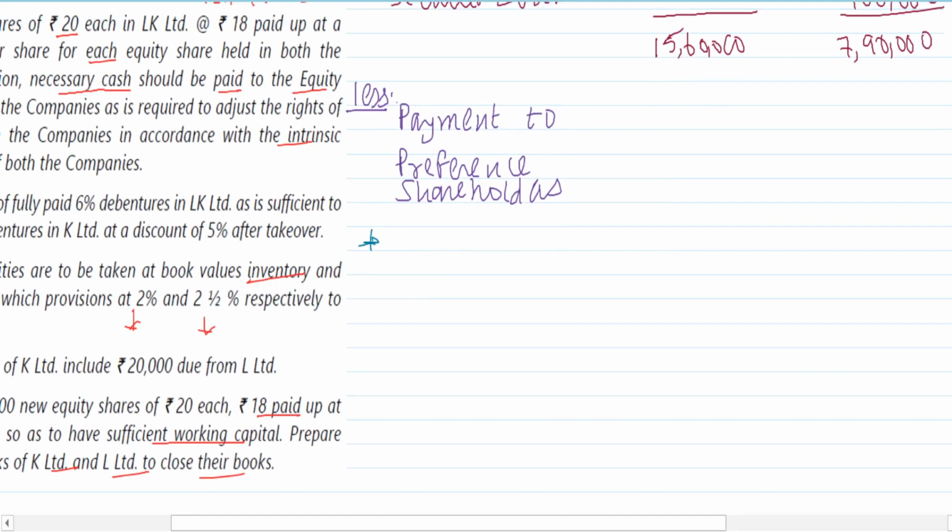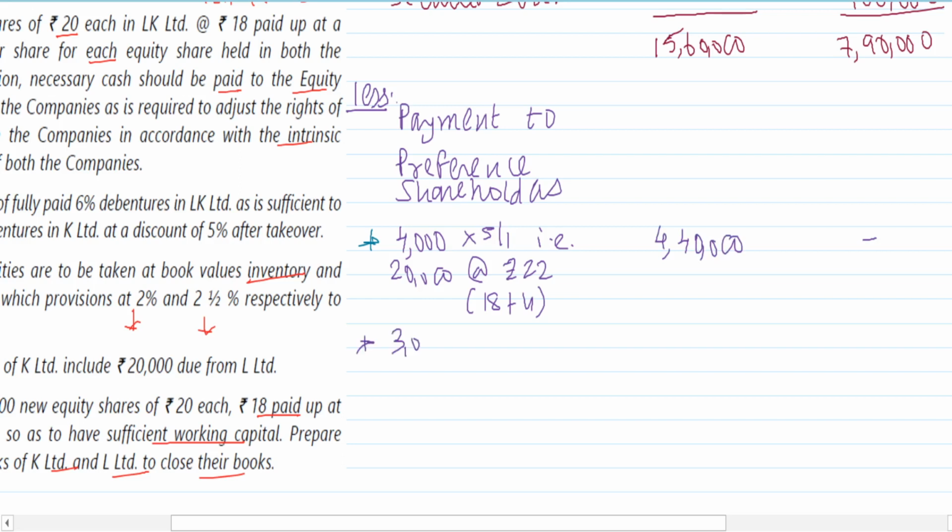So 4,000 preference shares are there here into 5/1. So that is 20,000. And we will issue shares at 22. How am I getting 22? 18 plus 4. That's my agreed issue price. So this is giving me 4,40,000. The other company has 3,000 preference shares into 5/1. So 15,000 preference shares and our agreed value is 22.